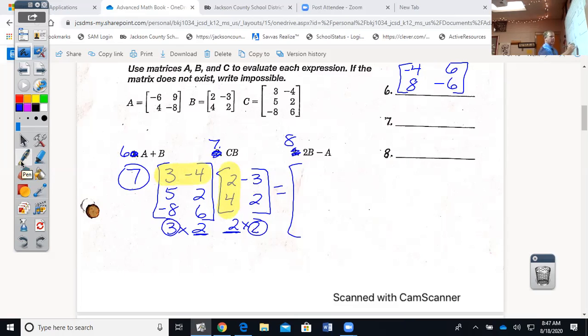So 3 times 2 plus -4 times 4. Okay? And then we do the next column. So it will be 3 times -3 plus -4 times 2.